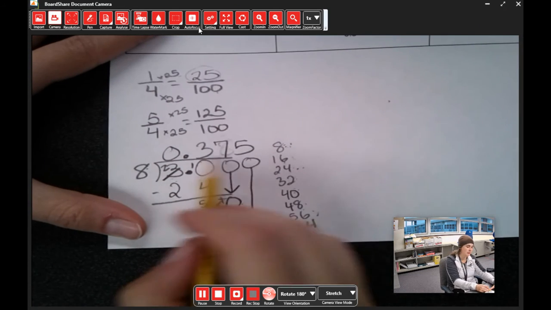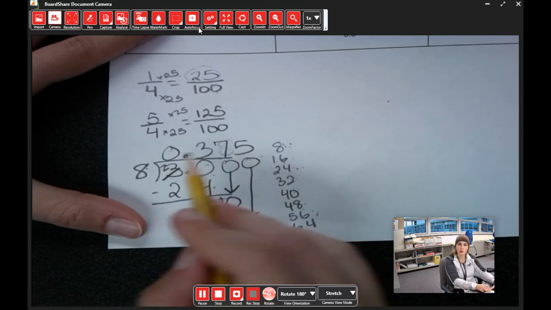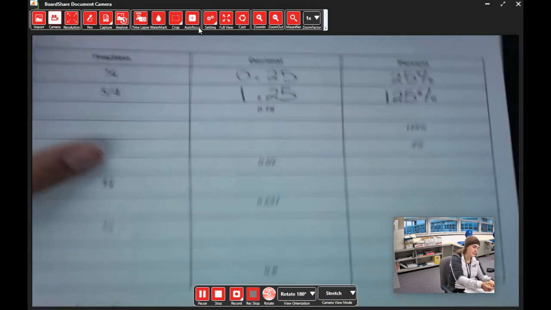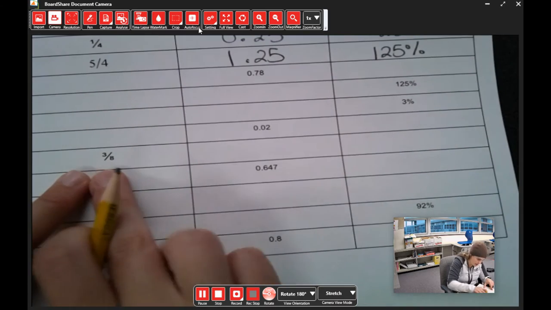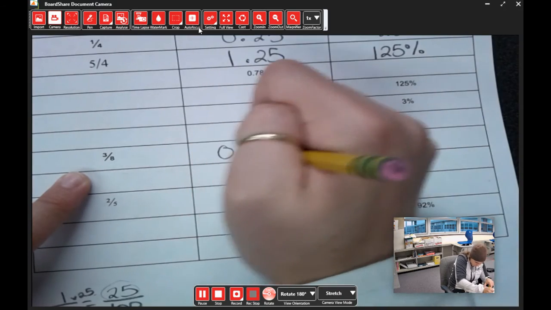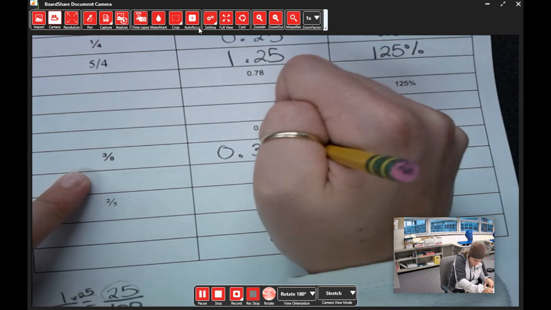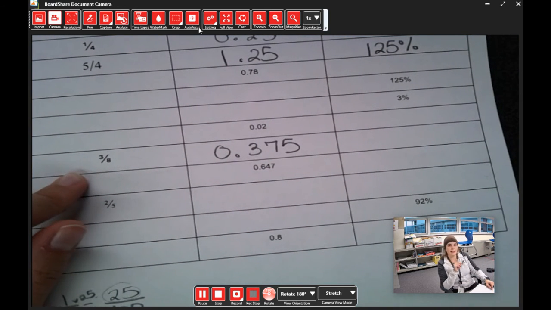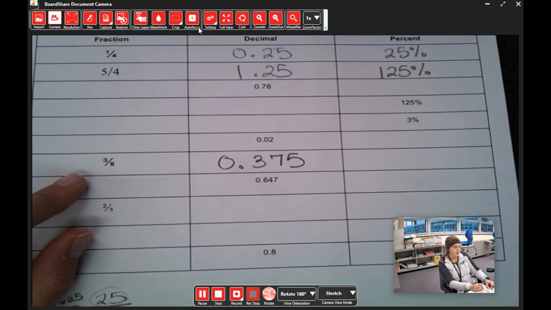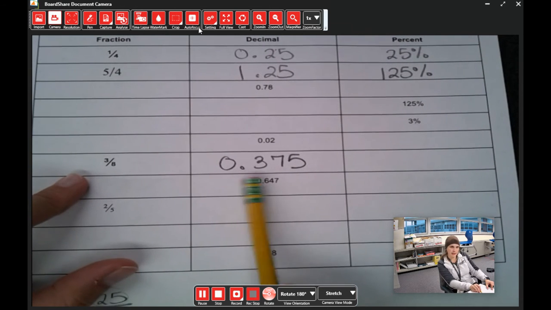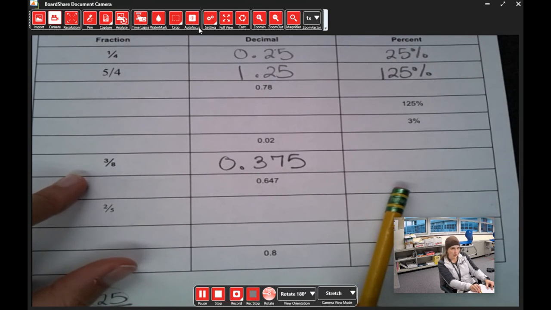All right, now I have a decimal, 0.375, 375 thousandths. Where was I? 3/8. Now I need to turn it into a percent. I've kind of just been doing this. I haven't been explaining it. When you turn a decimal into a percent, the percent is out of 100.